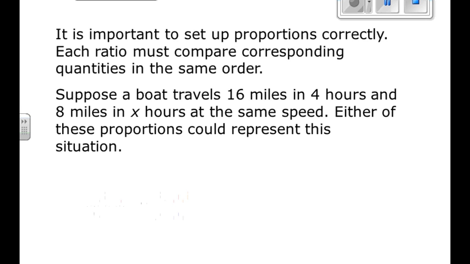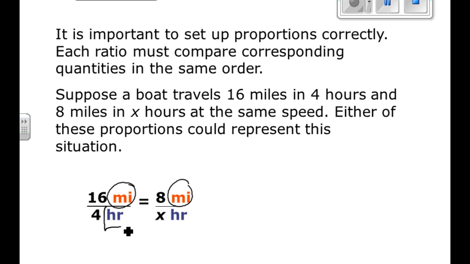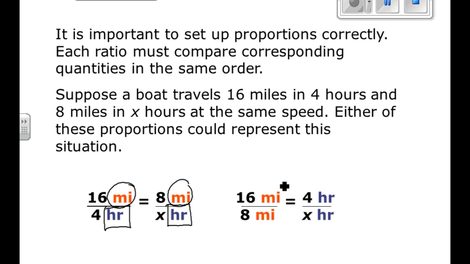The first way that you can set it up is miles over hours for both of them. So notice that the miles is the numerator in both situations, and the hours is the denominator in both situations. You just need to make sure that you have the same thing on the top and the same thing on the bottom in this case. So if we were to solve this one, we would get the same answer as we would if we solved this one.